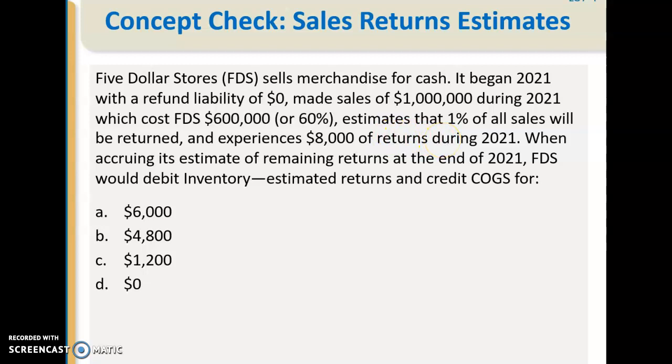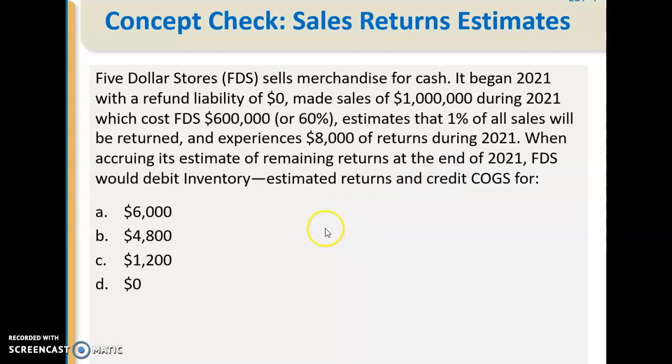So in the prior slide, we determined that an additional $2,000 of returns are expected in 2022. So when accruing its estimate of remaining returns at the end of 2021, FDS would debit inventory-estimated returns and credit cost of goods sold for how much?